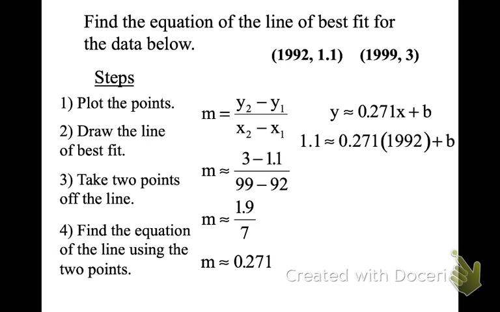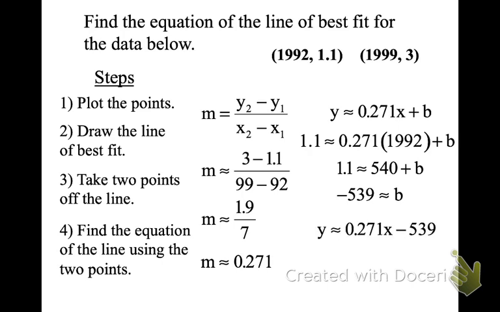And when I multiply that out, and then we solve for the b, subtract 540, and we end up with about negative 539. They round it. Okay? But I still have to write this equation. I personally like point slope better, but I don't care which method you use here.